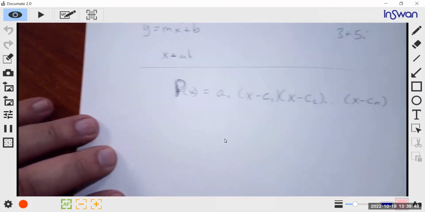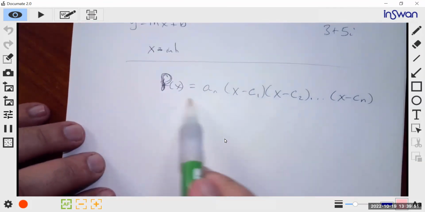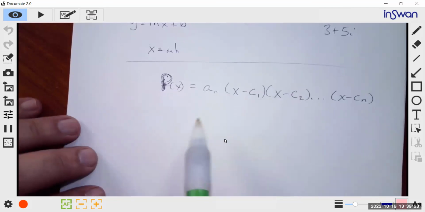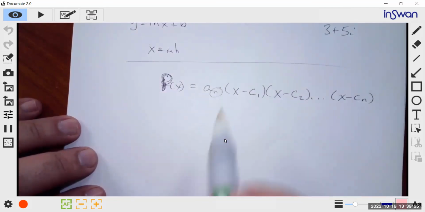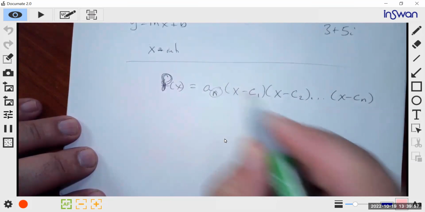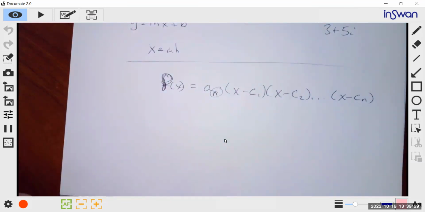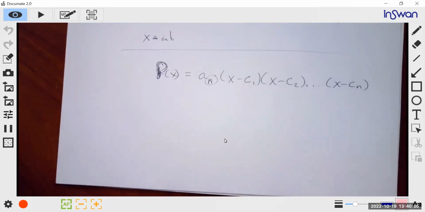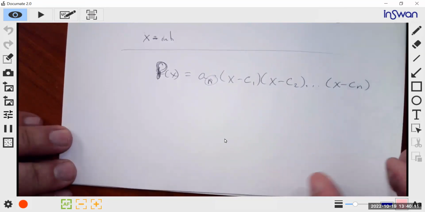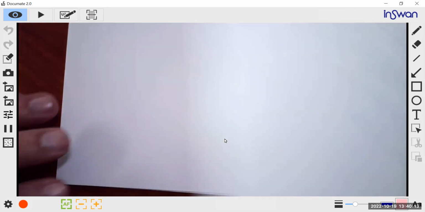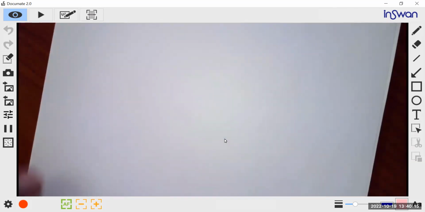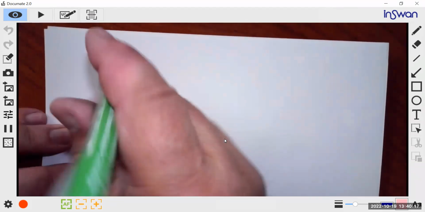In other words, any polynomial, if it can be factored out, if it's degree n, it can have up to n factors. Make sense? Let's look at working backwards first. That's our goal, to get to that big part.